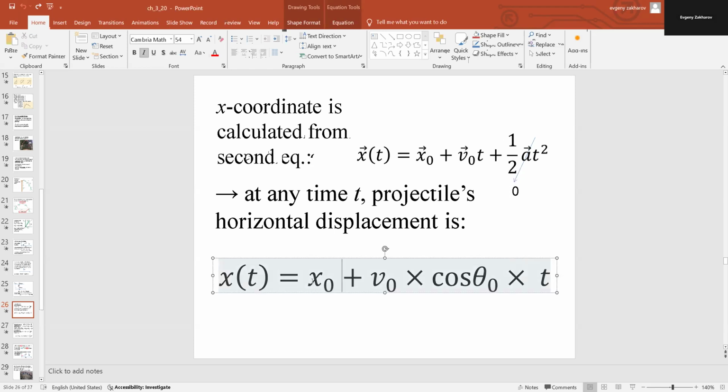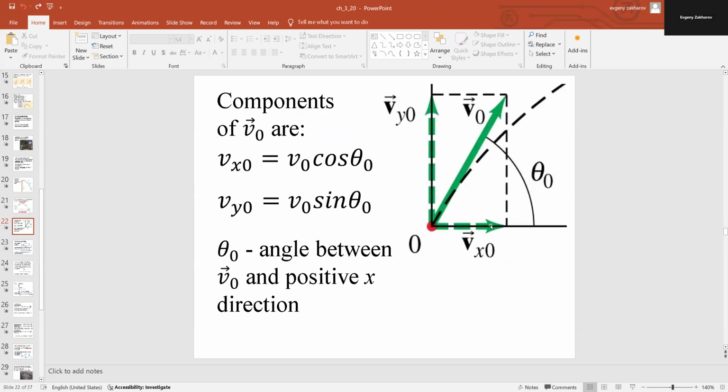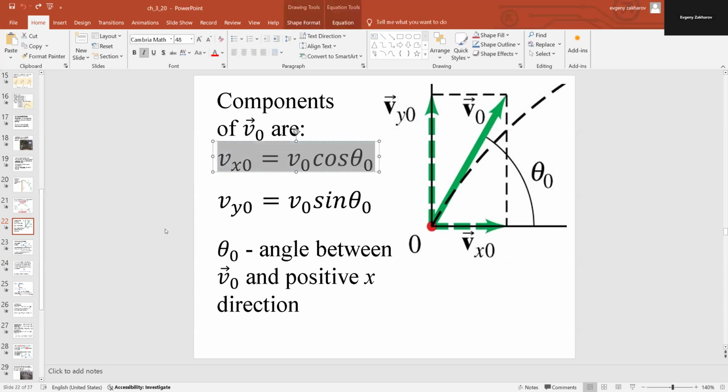And you get initial position, which is most likely going to be 0. Not necessarily, but most likely going to be 0. Initial velocity times the cosine. Why is it the cosine? Because we're talking a component that is adjacent to a vector of interest with the reference angle. It's adjacent to it, so it is a cosine function for the x component.